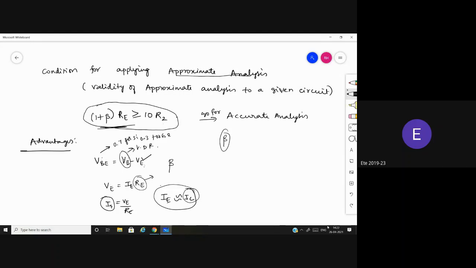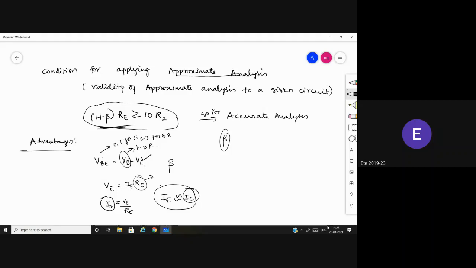And the operating point is stabilized against shift in temperature. When temperature varies, automatically the current varies, that we know. But by properly adjusting the base resistances R1, R2, we can control the base current. When you control the base current, automatically the collector current is controlled.